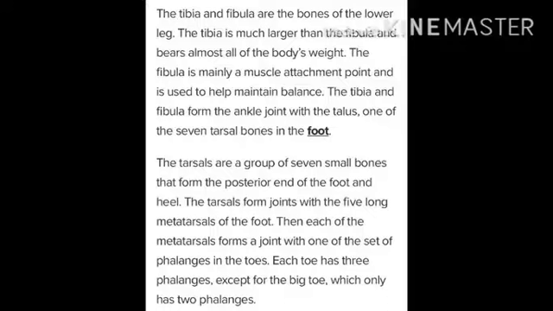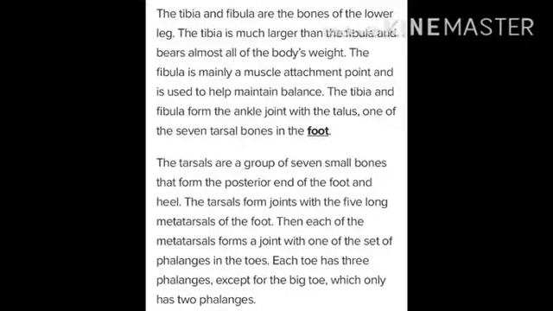The tibia and the fibula form the ankle joint with the talus, one of the 7 tarsal bones in the foot. The tarsals are a group of 7 small bones that form the posterior end of the foot and heel.